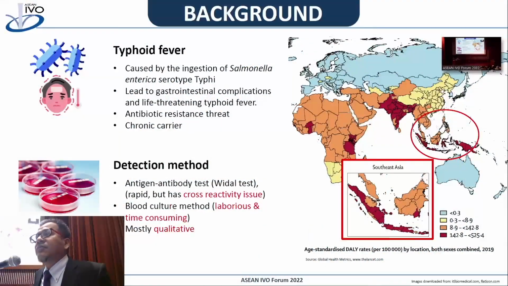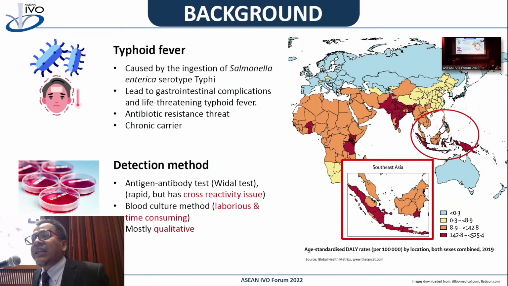Without treatment. Many countries really lack access to medical care, like in the world map, in India, Nepal, and Southeast Asia, where we can see the daily rates. All of Southeast Asia goes from the orange to the red zone, right?